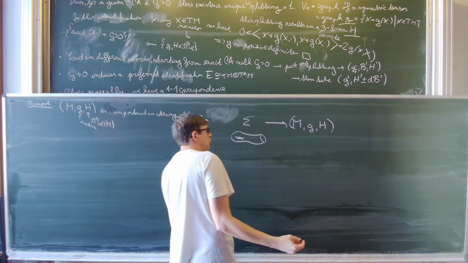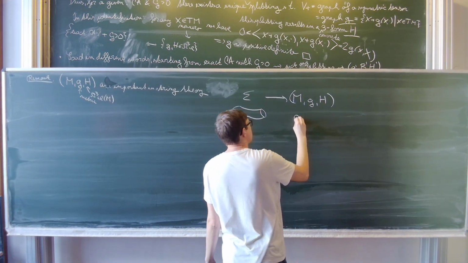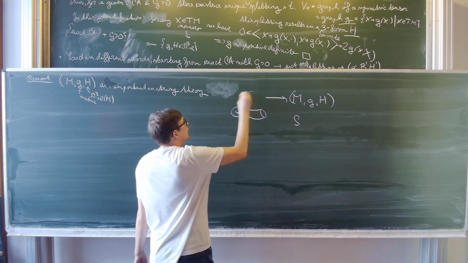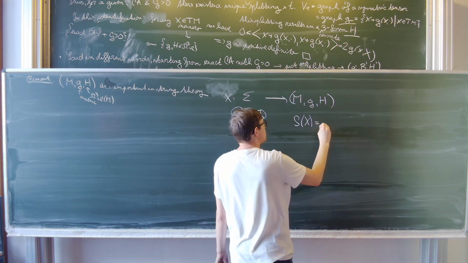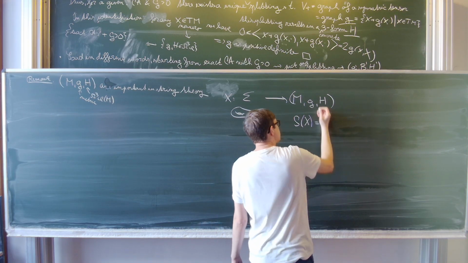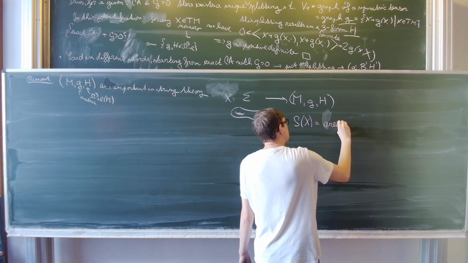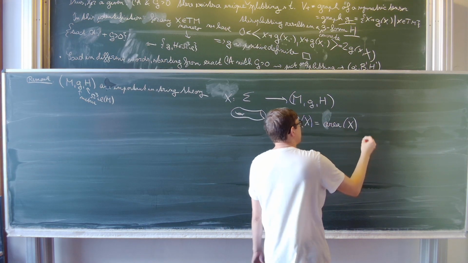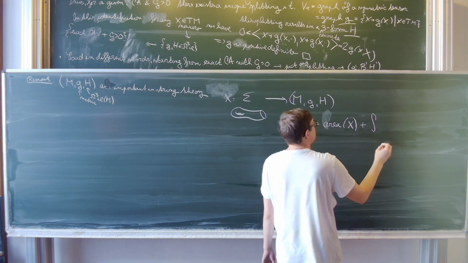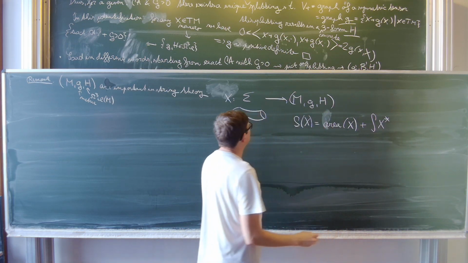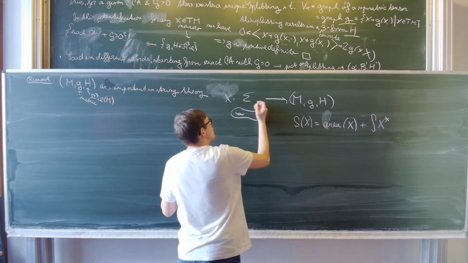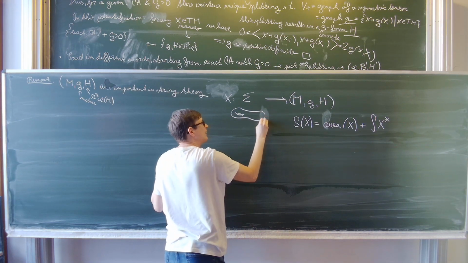What you often see in string theory is that people write expressions like this. If you call the map x, you can write down an action functional for x, whose first part is the area, and the second part is the integral. For simplicity, let me make this a closed surface.